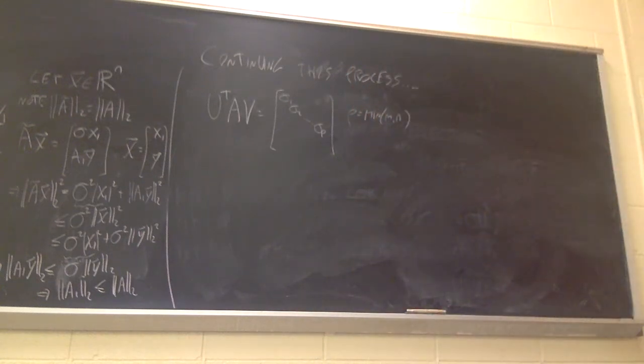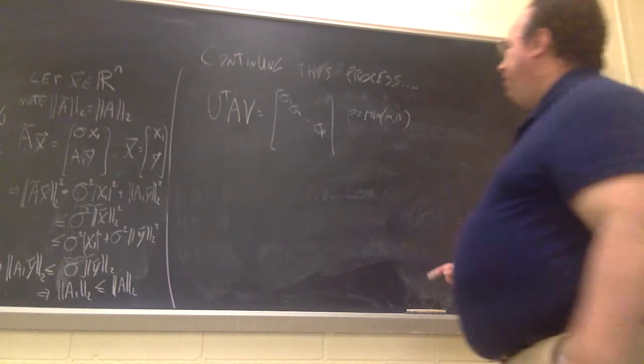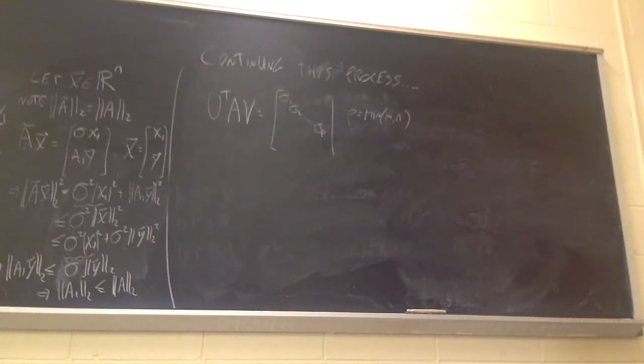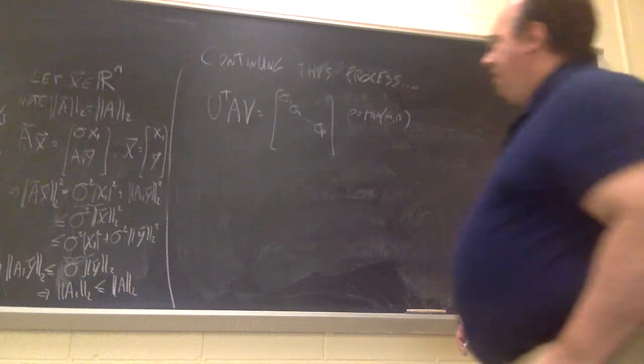Now, here I've drawn this matrix to be a tall, thin matrix, so m is greater than n, but it doesn't matter. You get the same decomposition no matter what. However many diagonal entries you can have, which is the minimum of m and n, that's how many of these sigmas you have.